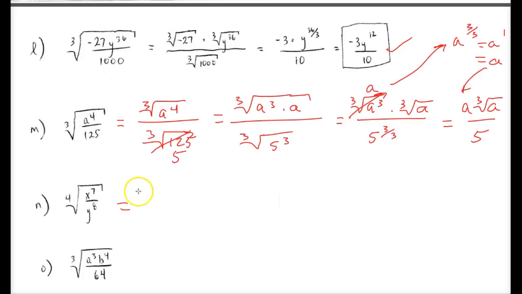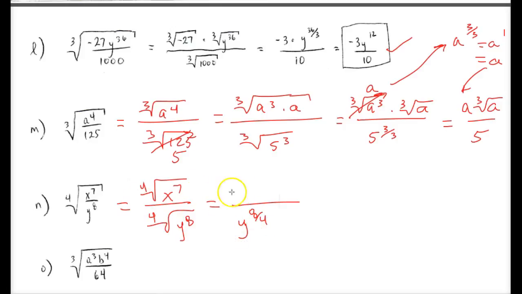Okay, so for our next example, we have the 4th root of x raised to the 7th over the 4th root of y raised to the 8th. For our denominator, we could just rewrite this as y raised to the 8 divided by 4. For the numerator, I could say this is the fourth root of x raised to the fourth times x raised to the 3.